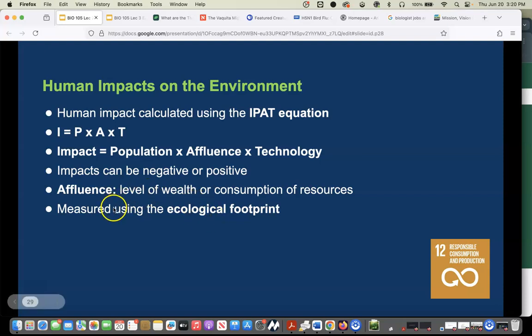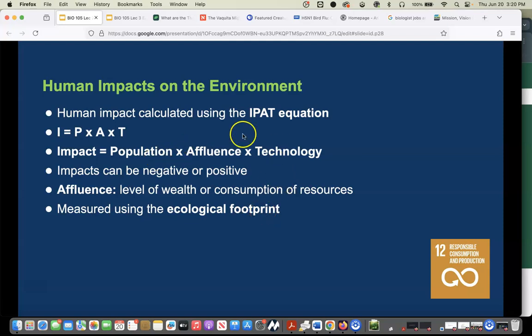Again, one of the ways that we can measure this is using something that we call affluence, which is the level of wealth or consumption of resources. We can look at the literal number of resources that each individual is using in a country by measuring something called the ecological footprint.